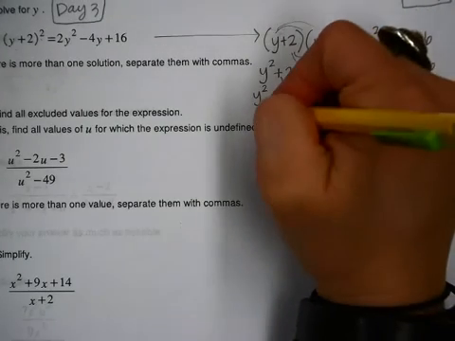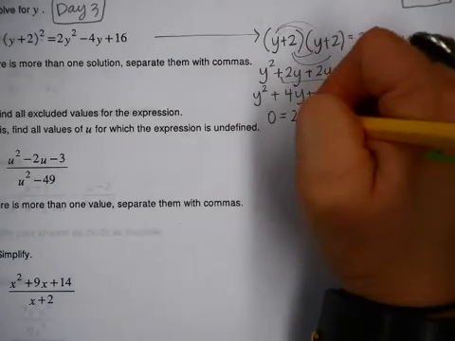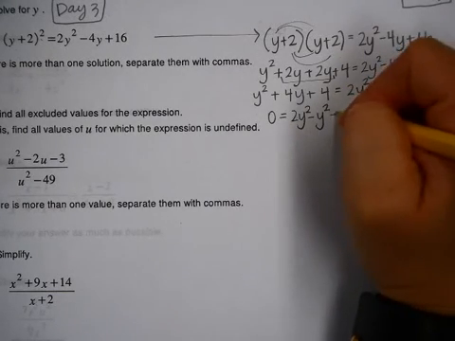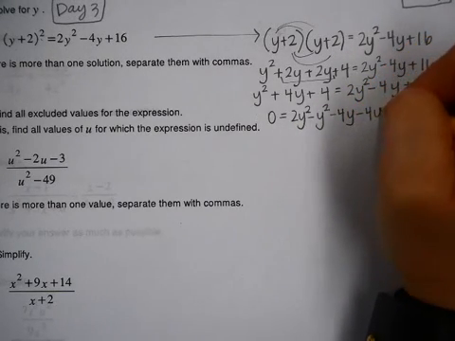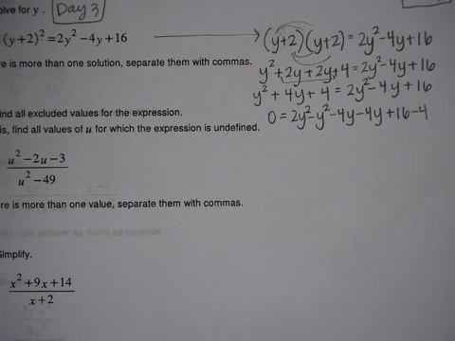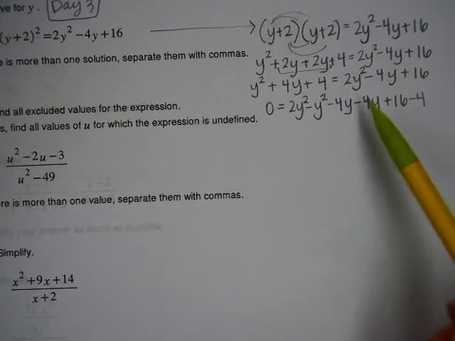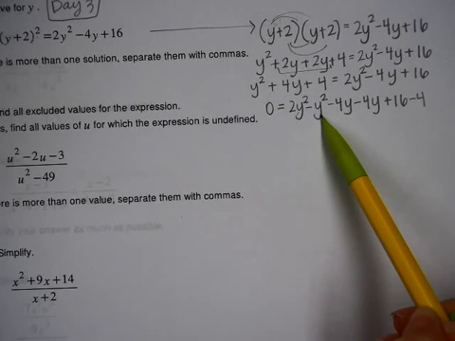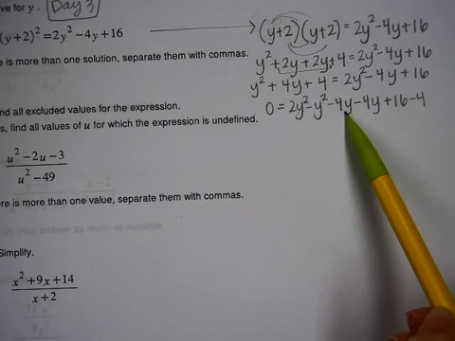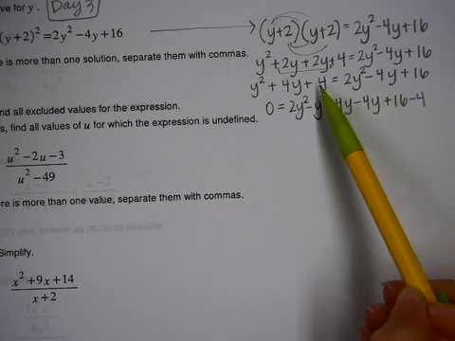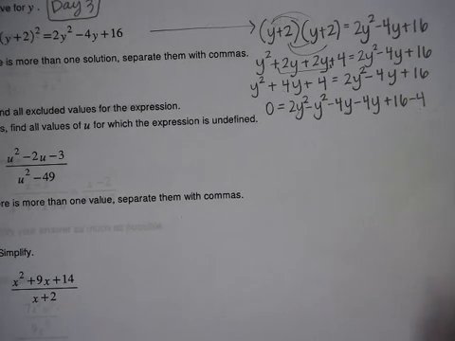Okay, so again, that'll all be equal to 0, and I'm going to have 2y squared minus y squared minus 4y minus 4y plus 16 minus 4. So I brought my 2y squared down. Okay, I moved this y squared over, making it negative. Bring my negative 4y down, bring 4y over, making it negative, bring 16 down, bring 4 over, making it negative.